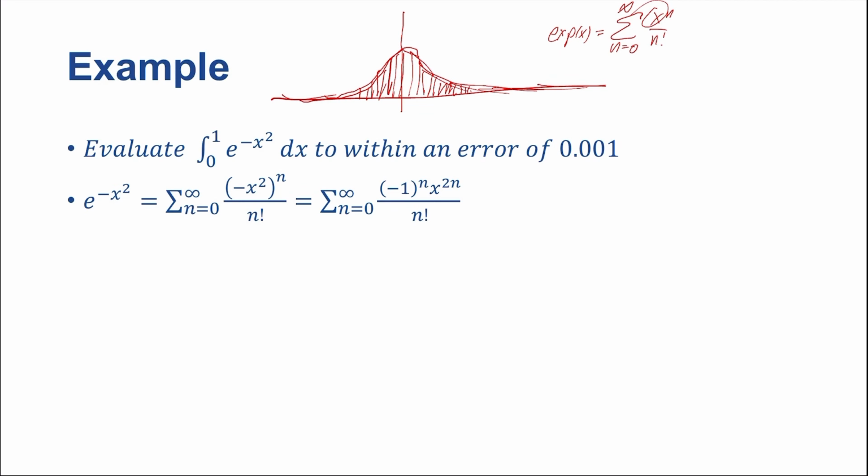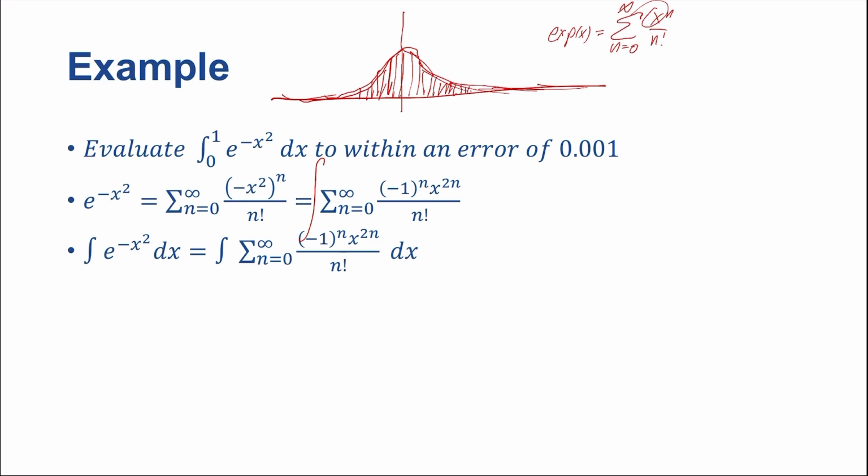All right. So now we are prepared to integrate this. Now, as we covered, the linearity of the sum allows us to perform the integral right inside, or right outside, if you will. So we're just going to take an antiderivative for now. The antiderivative of e to the negative x squared dx is equal to the antiderivative of the sum from n equals 0 to infinity of negative 1 to the n times x to the 2n over n factorial dx.